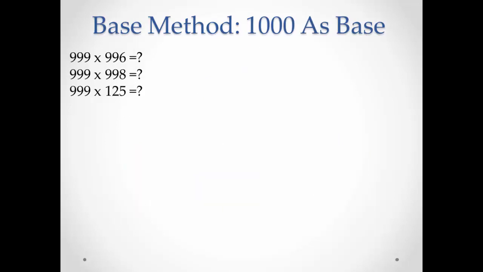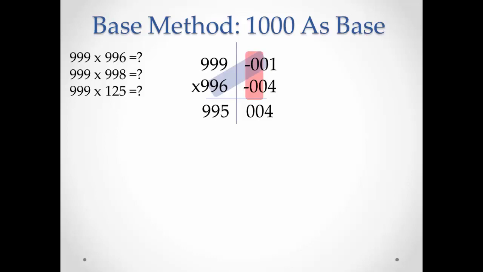Okay, now same method. Now I have increased the base to 1000. So 996 times 999. 999 is 1 less than 1000, and 996 is 4 less than 1000. So 996 minus 001 is 995, and 1 times 4 is 004, and we got the answer 995004.